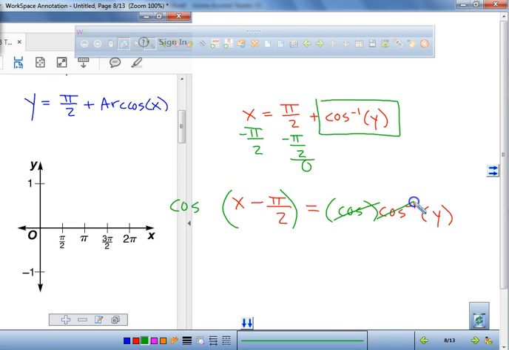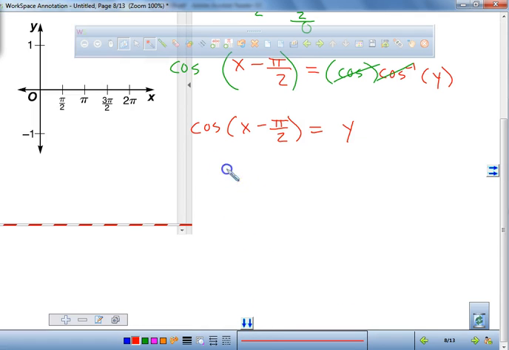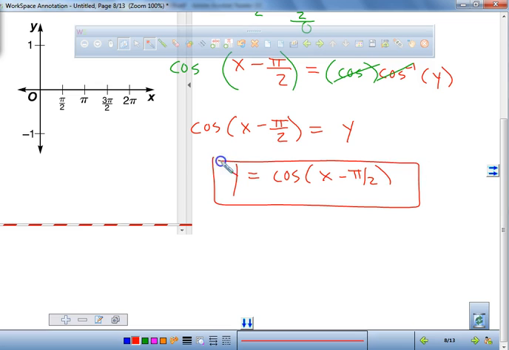These cancel to a 1. And you're left with the cosine of x minus pi over 2 equals y. So I'm going to write y equals the cosine of x minus pi over 2. This is the inverse that you're going to take and you're going to graph.